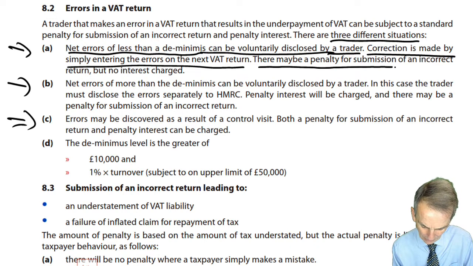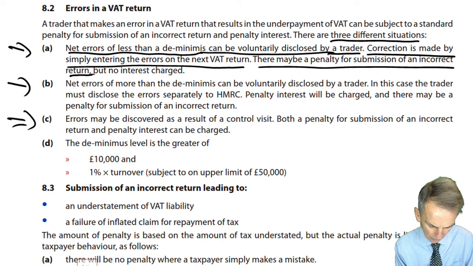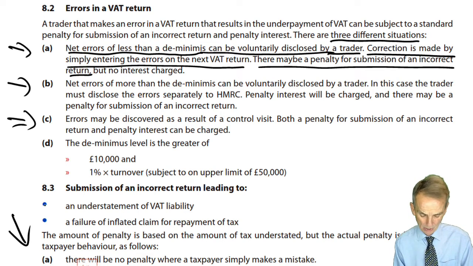There may be a penalty for submission of an incorrect return, and those penalties, of course, we look at down here in a moment's time. So we need to know about the level of net error. Are we within that de minimis level? If we are, although there may be a penalty, there won't be any interest to be charged.